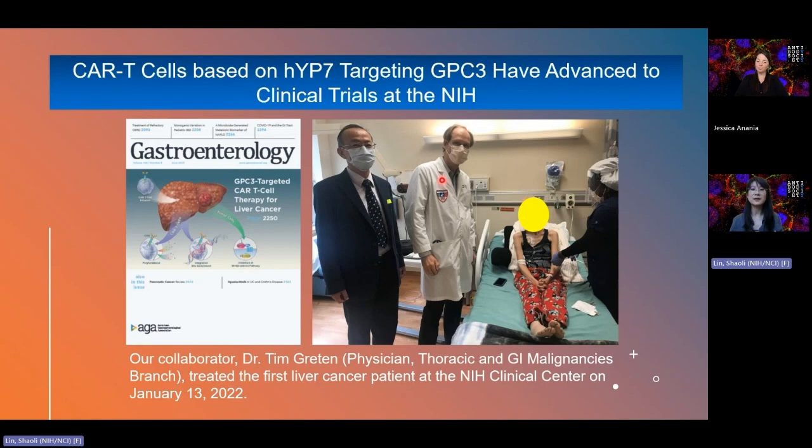And this is our collaborator, Dr. Tim Greten, the physician for the clinical trial. And this is the first patient that we recruited for the clinical trials. And currently, this clinical trial is still actively ongoing. Hopefully, we can see a very promising result based on this CAR T therapy.